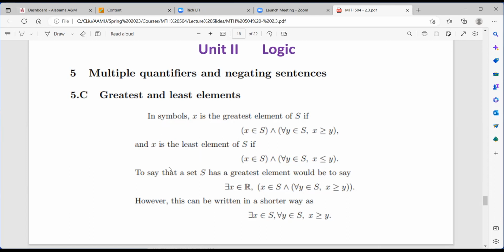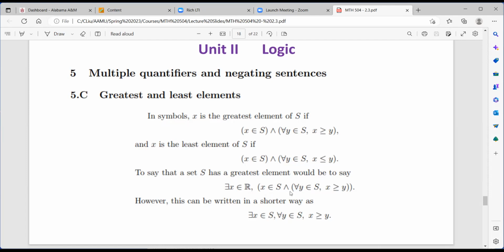But in case the set S does have a greatest element, then we would use the existential quantifier in the front. So there exists such a real number x such that this whole condition is satisfied.